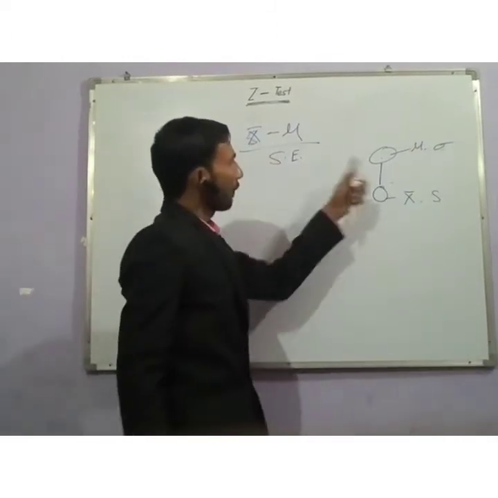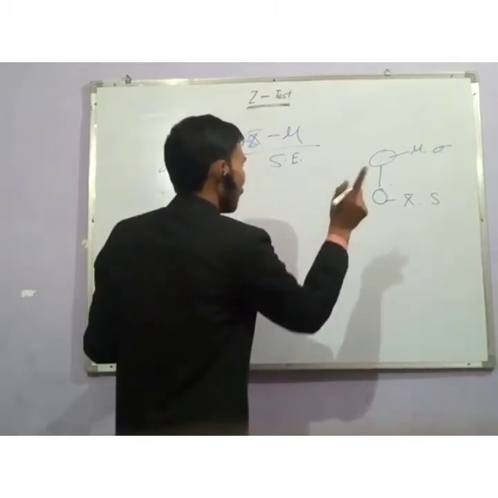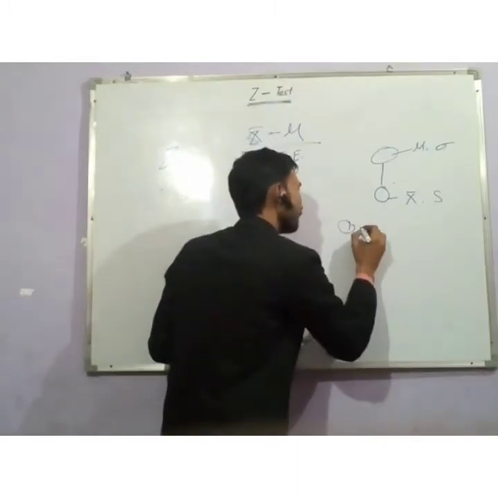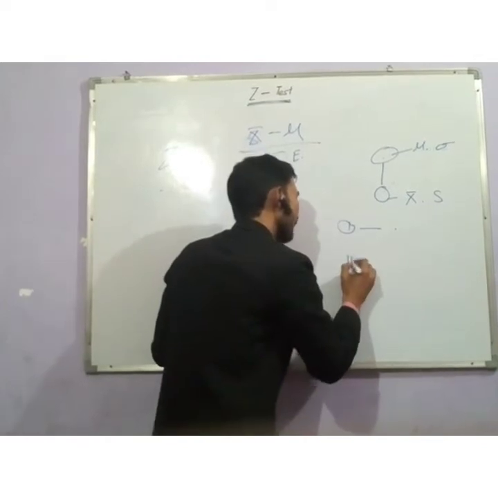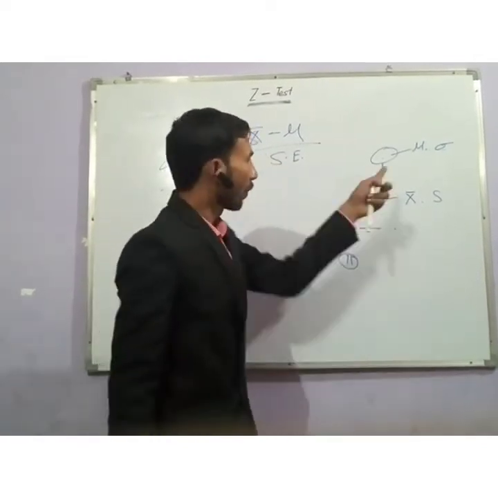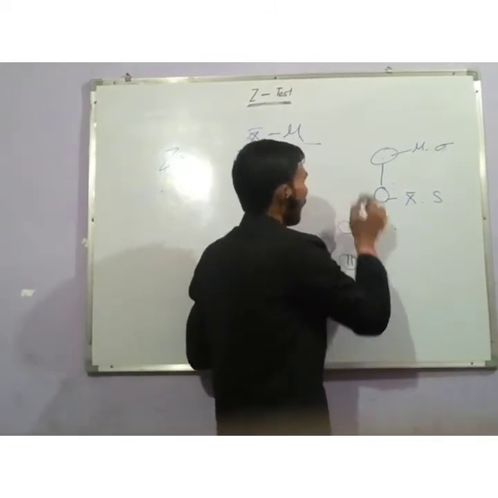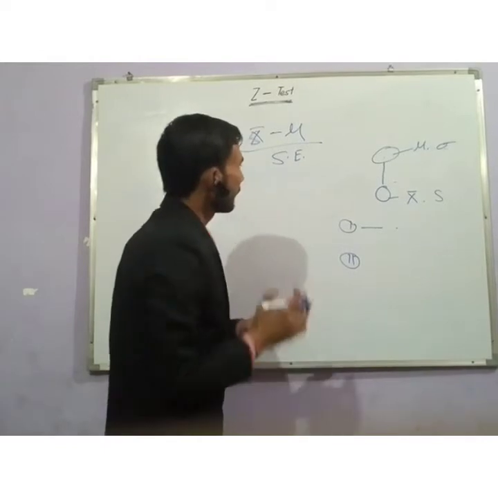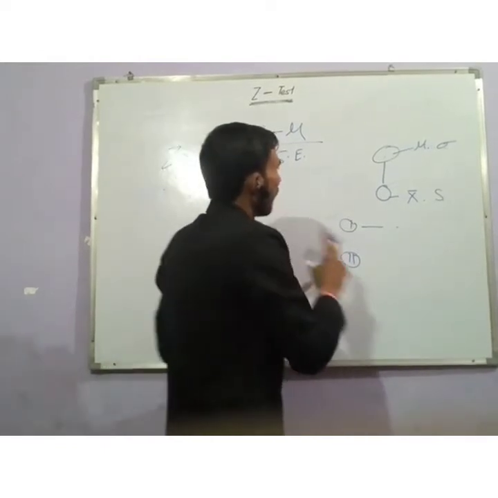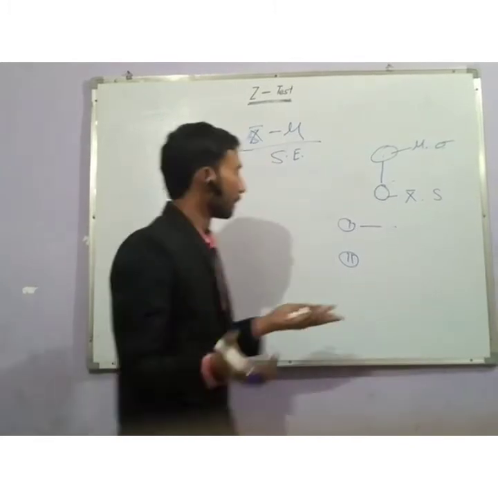So if we draw one sample from a large population, that is one condition of the Z test. The second condition is when we draw two samples, from two different populations.